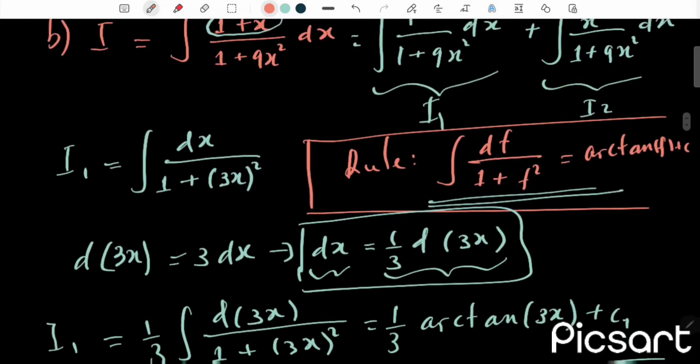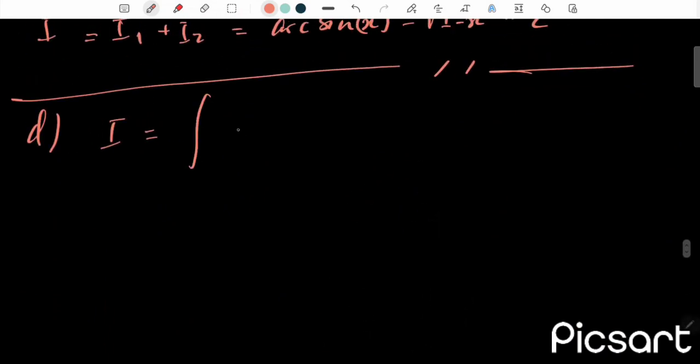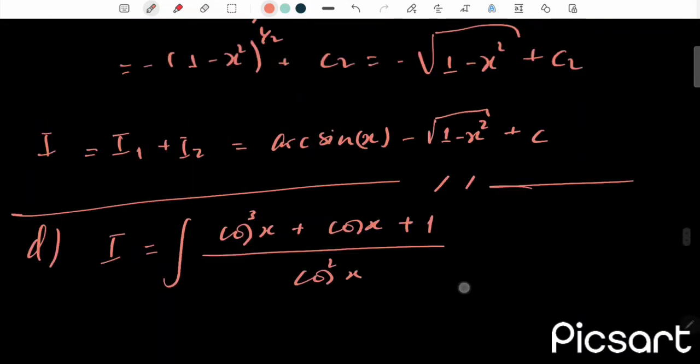Then we will follow in solving the last exercise, which is I equal to the integral of cos to the power 3 of x plus cos of x plus 1 over cos to the power 3, no, I think it is power 2.